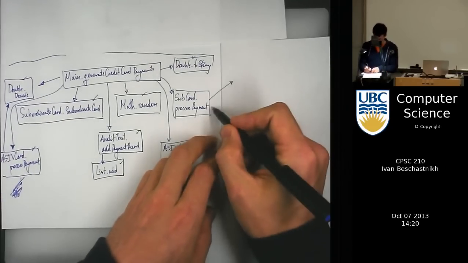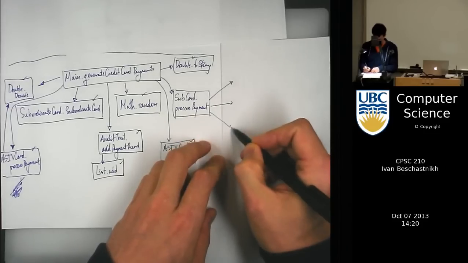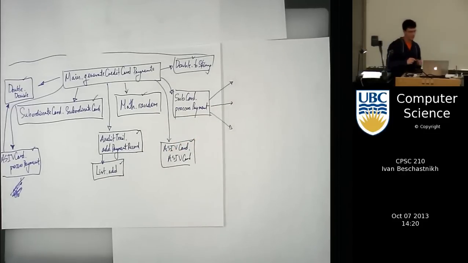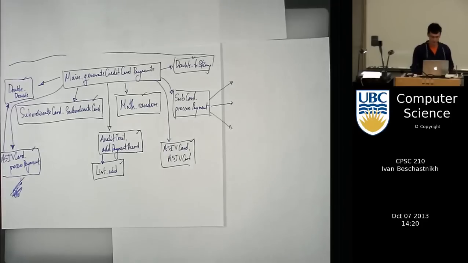So three nodes. And the three nodes are generate transaction number. Generate transaction number is defined within electronic payment. So electronic payment.